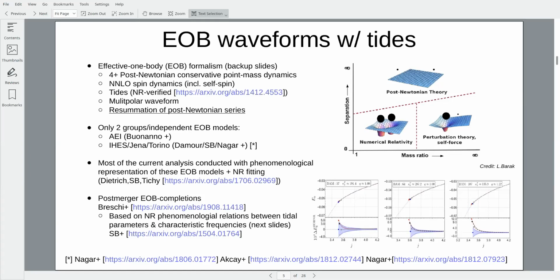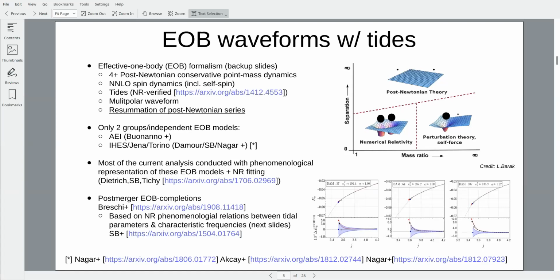So from there, you can extend concepts like a last stable orbit and so on to the comparable mass case, and this indeed is a powerful way to grasp things for the merger.